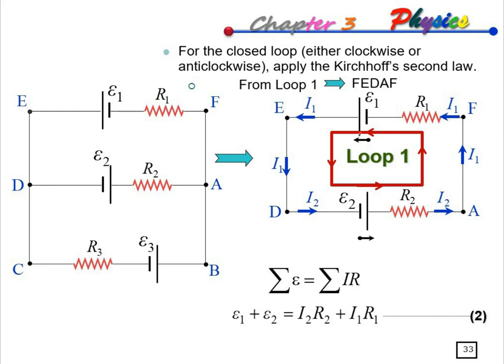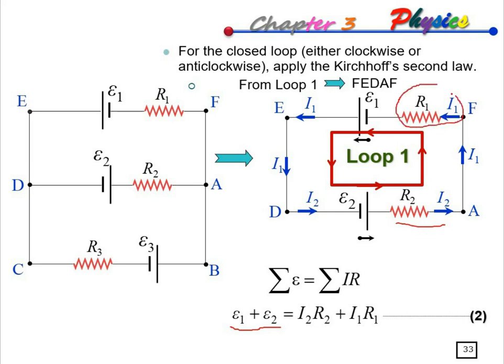EMF number 1 goes through to EMF number 2, the same direction as the loop. So now we have E1 plus E2 equals the product of I times R. The current that flows through R2 is I2, and the current that flows through R1 is I1.